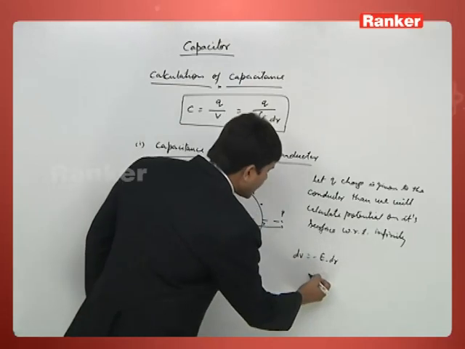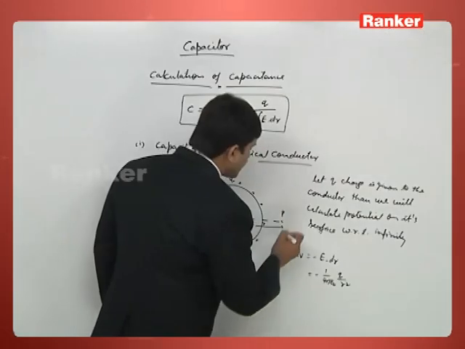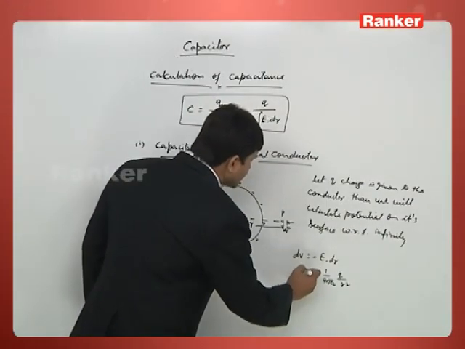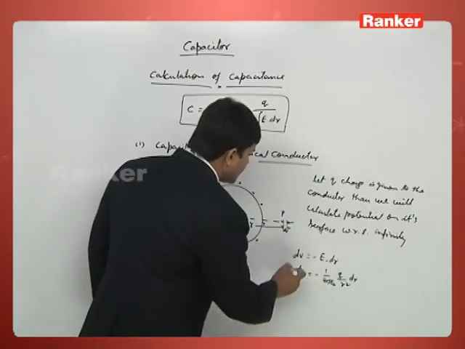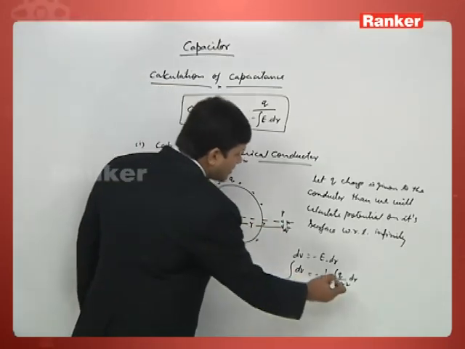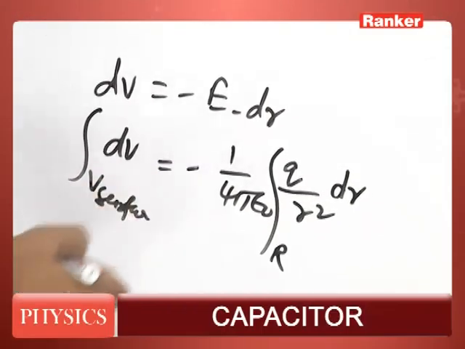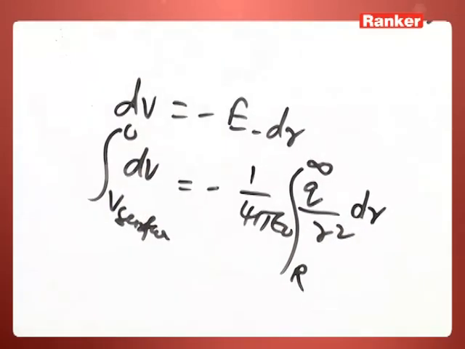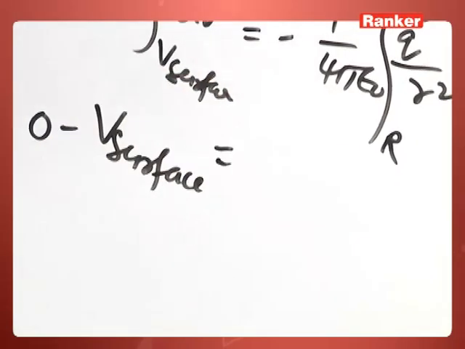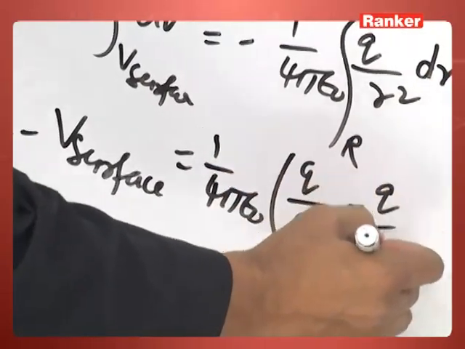At that point the electric field is 1 by 4 pi epsilon naught Q by r square, and over a small distance dr the change in potential is dV. Then we integrate, with limits from the surface, where r is capital R and the potential is V on surface, to infinity, where we assume the potential is 0. So 0 minus V on surface equals 1 by 4 pi epsilon naught times (Q by infinity minus Q by R).